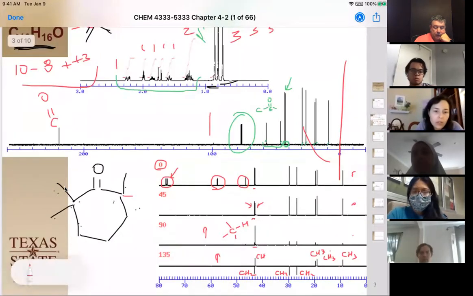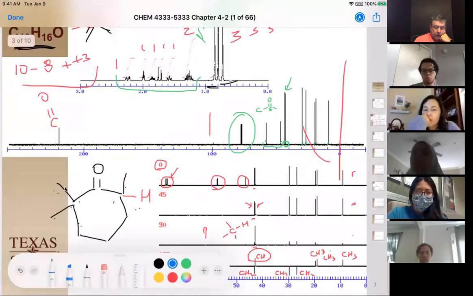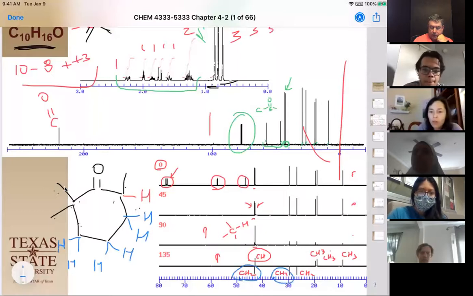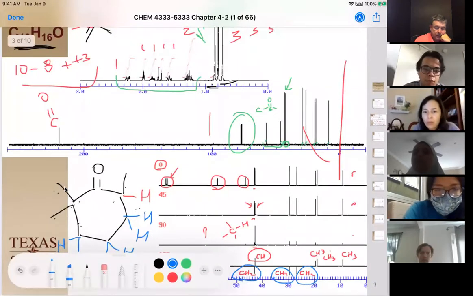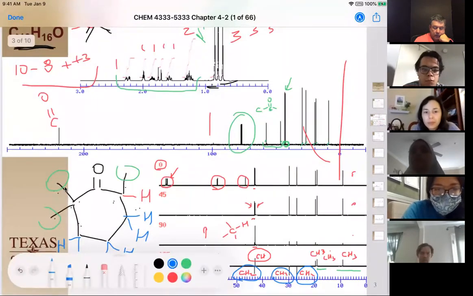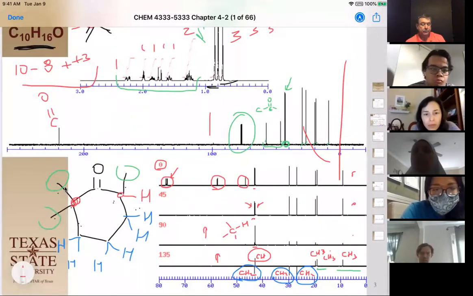And then this would be our only CH. This would give us a CH2, CH2, CH2, CH2, CH2, CH2. So that's our 3 CH2s. And then these are our 3 methyl groups here. And then our 2 quaternary carbons would be there and there, and our carbonyl is here. Okay.